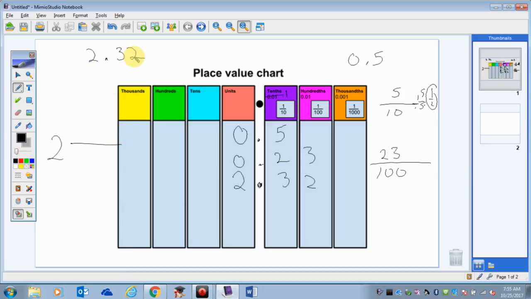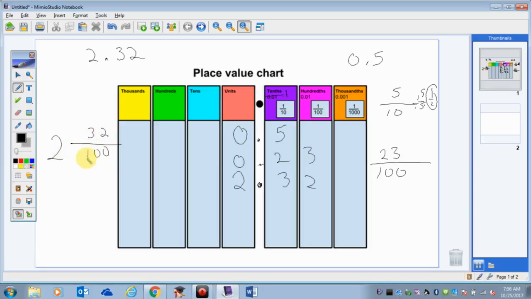Everything on the right side of the decimal represents a fraction. Everything on the left side of the decimal represents a whole number. So you got 2, and then you got 32 over, and it falls in the hundredths place, which is over 100. So 32 over 100.